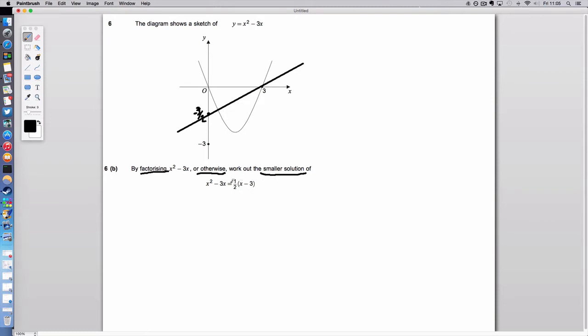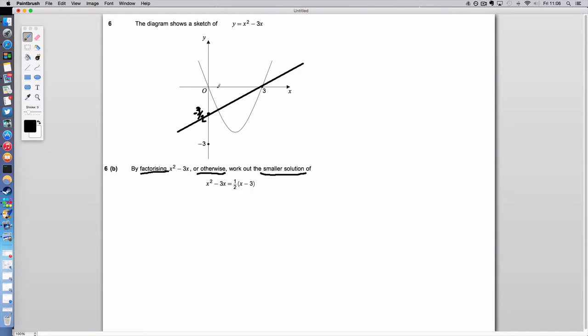Now, we're going to look at this in two different ways. One, we're going to look at it more visually, and the second is more algebraically. So first, looking at it visually, we have the graph, where we have a curve, a parabola, and a linear line going through here. What it means when x squared minus 3x equals a half times x minus 3 is when the line and the parabola are equal, when they cross or intercept.